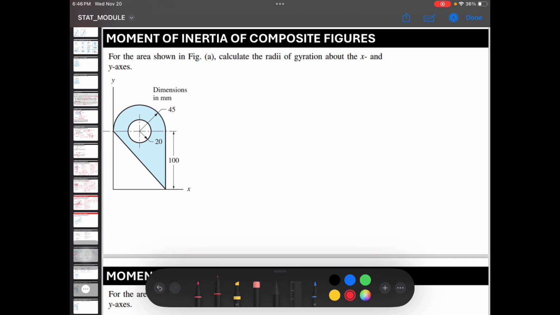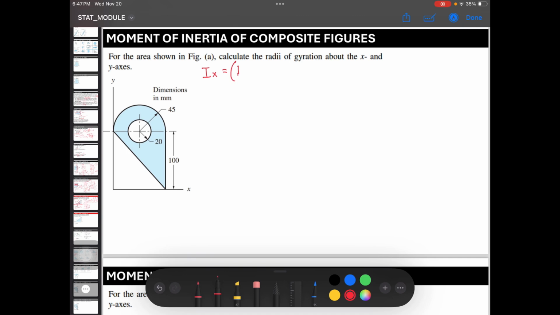Yung pinaka-general formula nito, since magpa-plus tayo ng area and then may ima-minus tayo, i-form muna natin yung general formula niya. Una, si big triangle muna. For the total moment of inertia along x nito, big triangle muna.